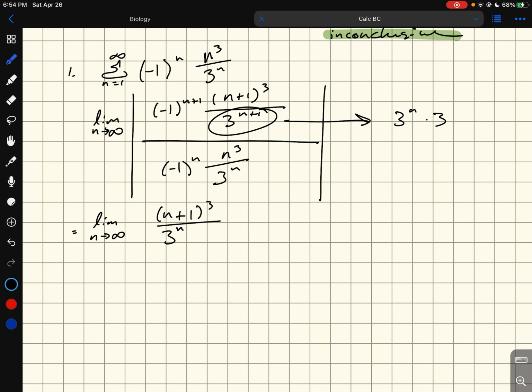The reason that works is because one of your exponent properties is that if you multiply exponents with the same base, then it's the same thing as adding those exponents together. So if I have this as a 1, then this is a 1. And the reason I do that is because when I flip this, now this 3^n cancels out with this 3^n. I couldn't do that before because this used to be 3^(n+1), which is not the same as 3^n.